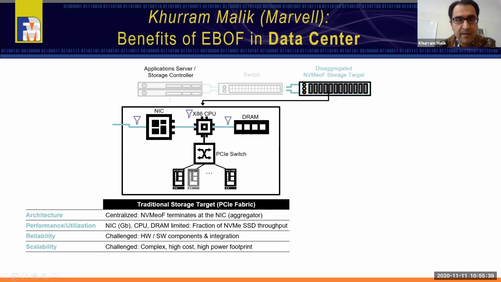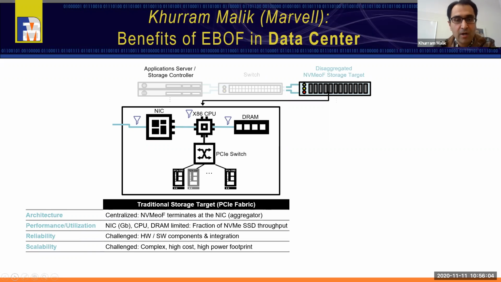The industry has adopted NVMe drives, and the most important benefits of these NVMe drives are high bandwidth, high throughput, and low latencies. Putting these drives behind this architecture creates a bottleneck, and customers don't get the full throughput of these NVMe drives from the 2U enclosure.